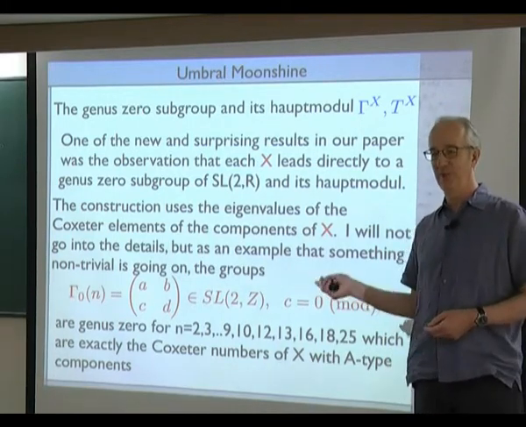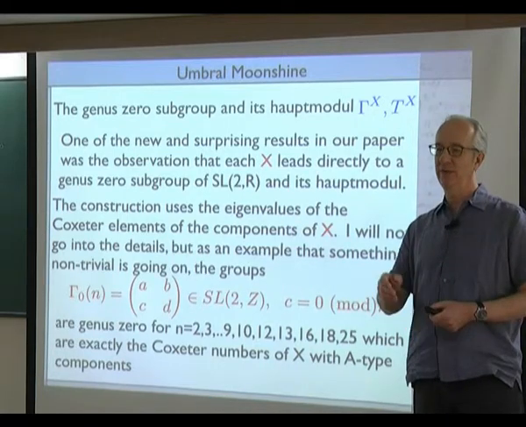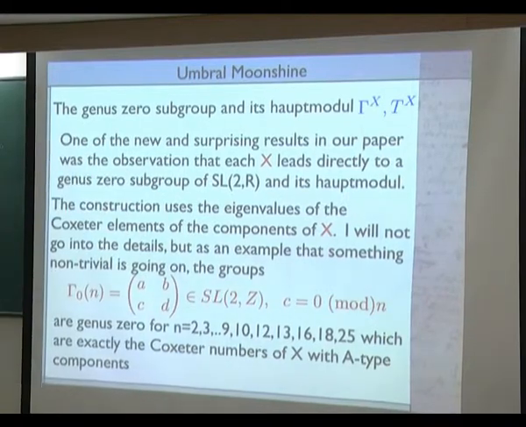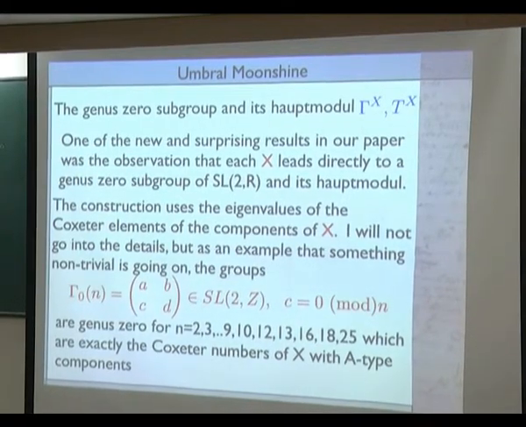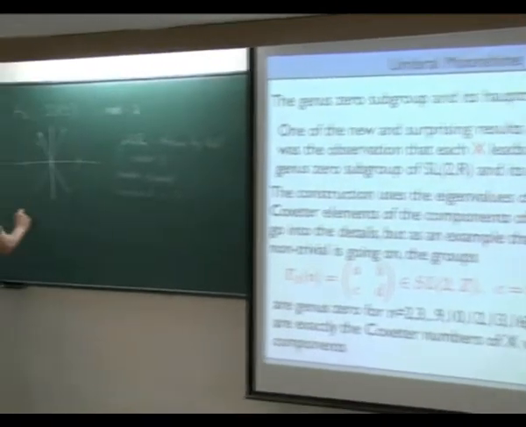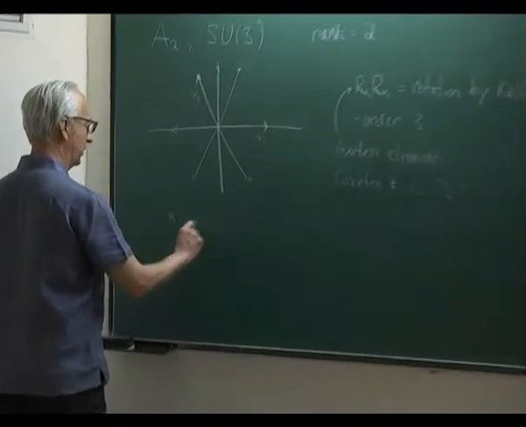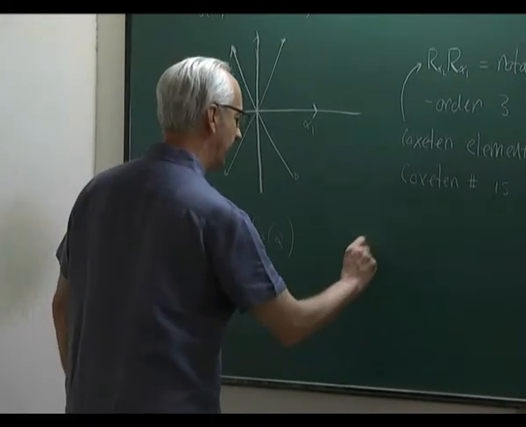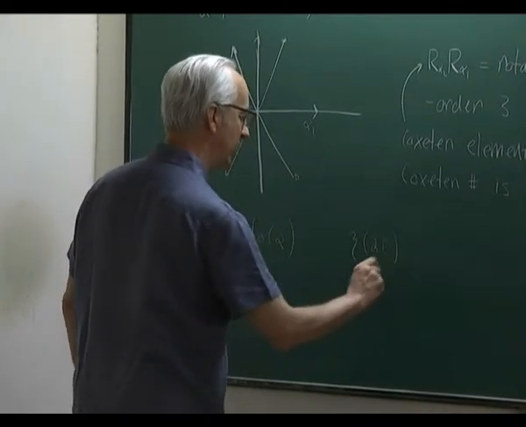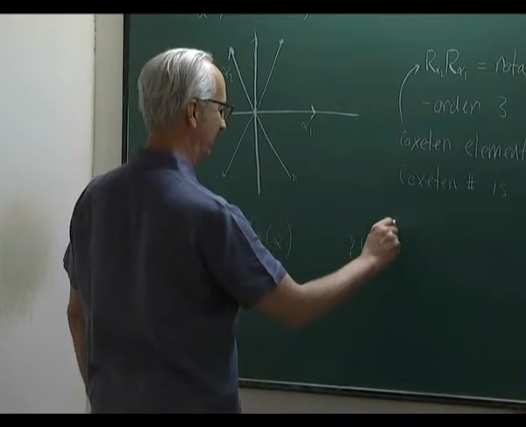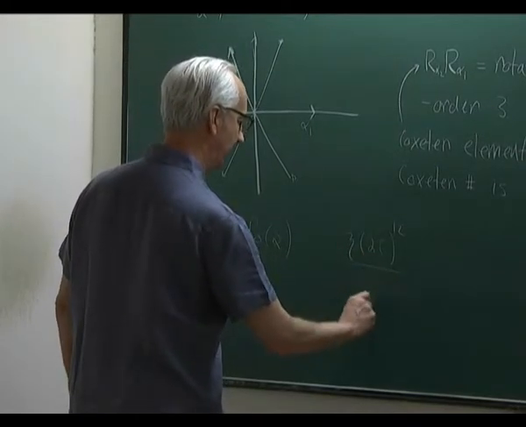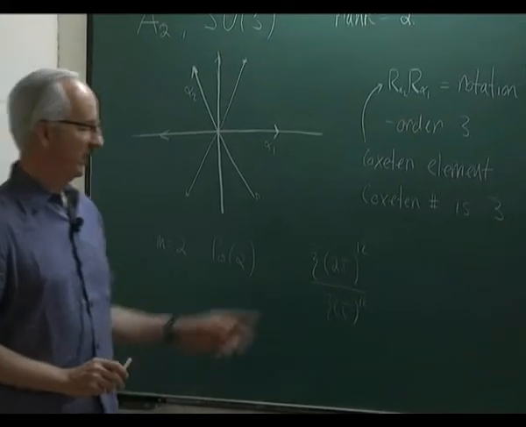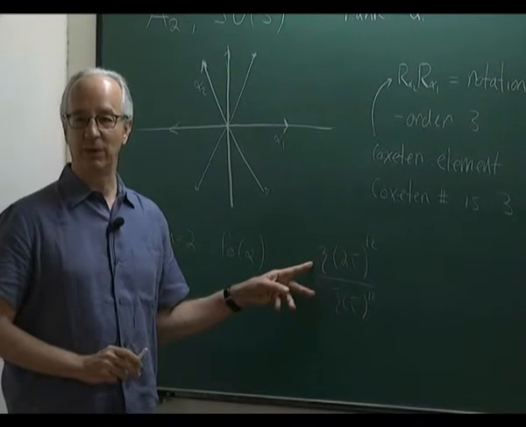And I haven't given you a formula for it, but in our paper, an example for, I guess n equals 2, that is for gamma naught 2, you can take eta of 2 tau to the 12th, I believe, or eta of tau to the 12th, and either that or its inverse, I forget, is a Hauptmodul for gamma naught 2.